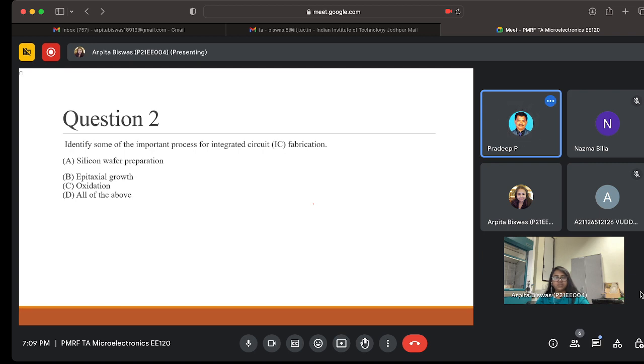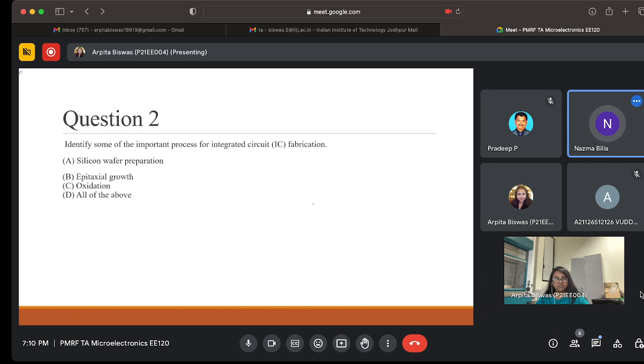Okay. And Nazma, ma'am, can you explain a little bit about these fabrication processes? Yes, ma'am. We will discuss in more detail all of the fabrication processes later. 98% pure silicon is known as electronic grade silicon, ma'am, which is taken from silicon that is 99.9% pure, EGS, electronic grade silicon.